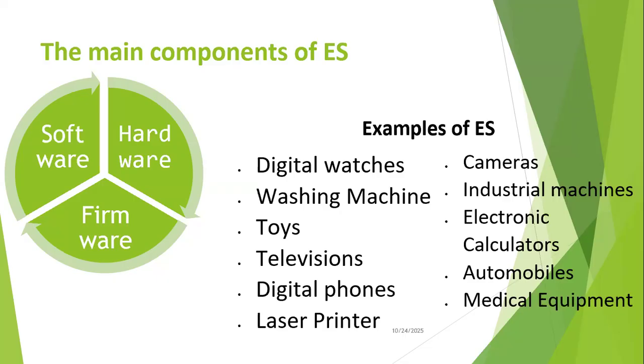So in all, we have three specific components of an embedded system. Number one is software. Number two is hardware. And the third one is firmware. The most common ones we know are software and hardware.